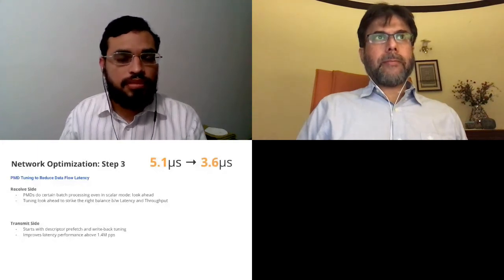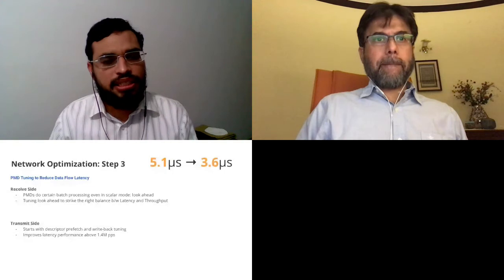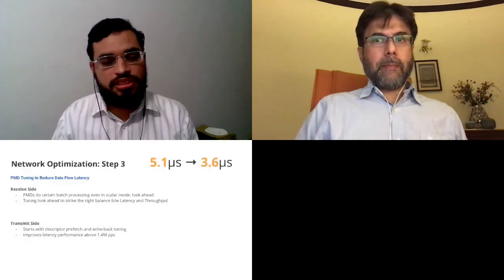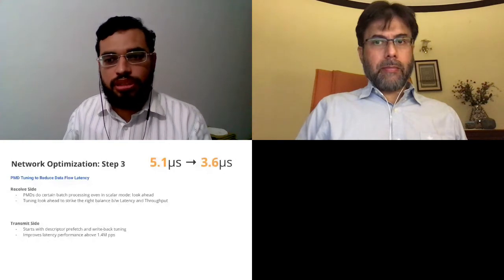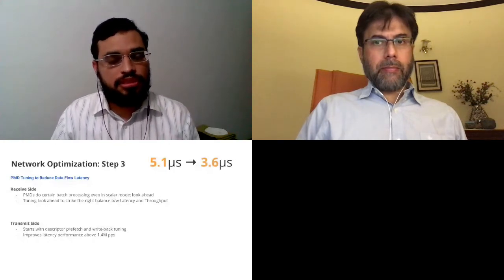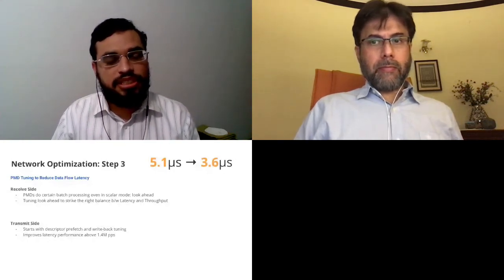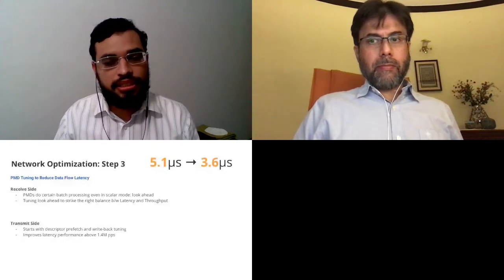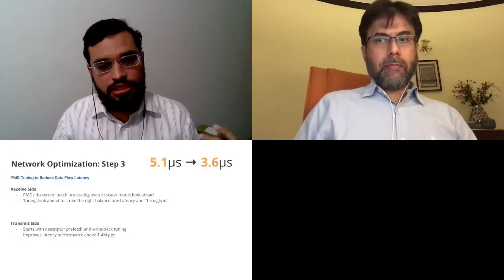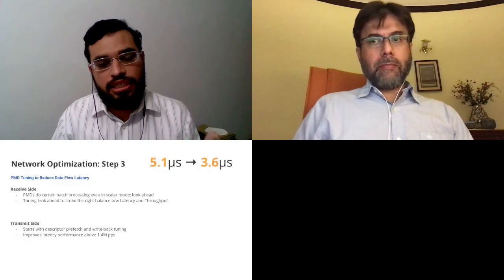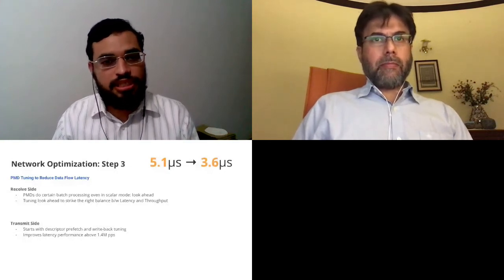throughput. Secondly, we moved to the transmit side, the fetching of the descriptor. We tuned the prefetching in such a way that the NIC always prefetches, even if there is only one free descriptor available in the hardware.